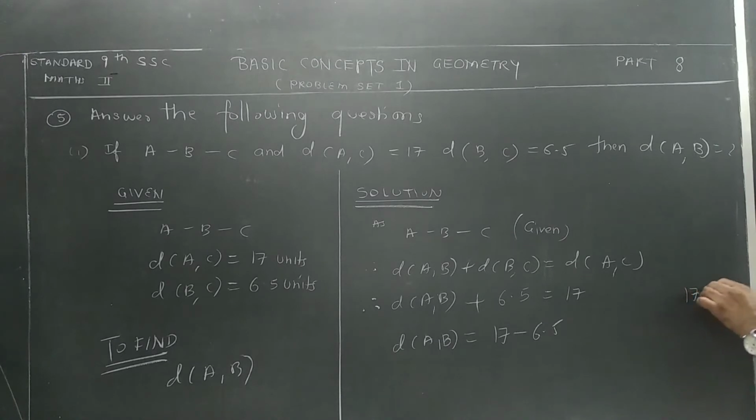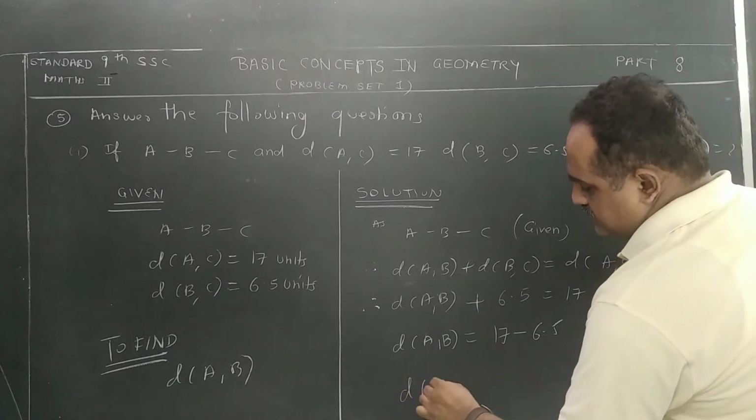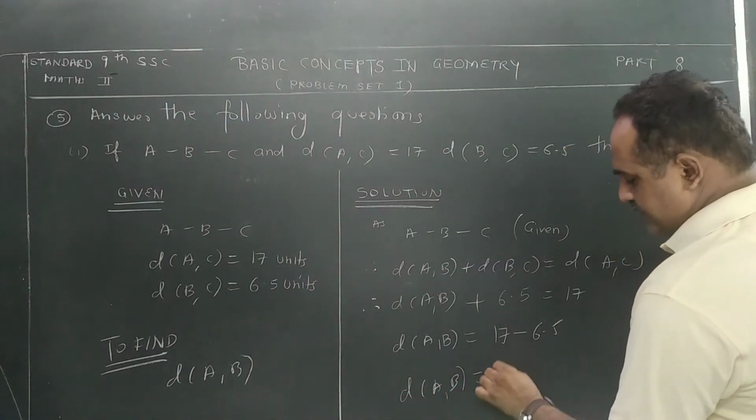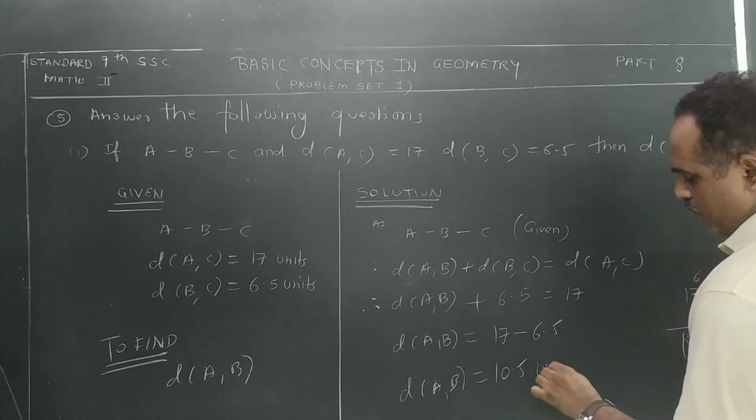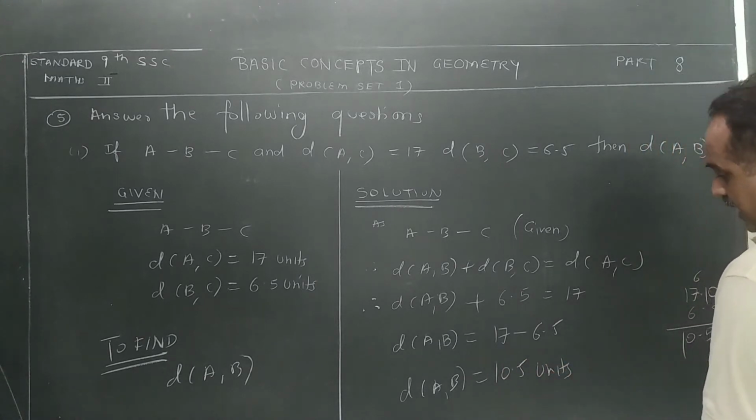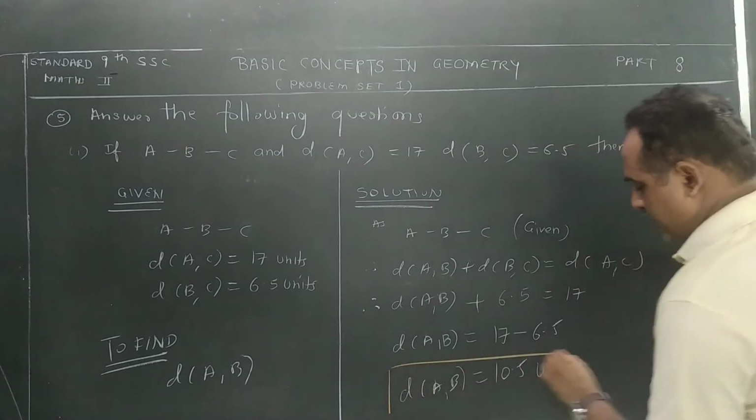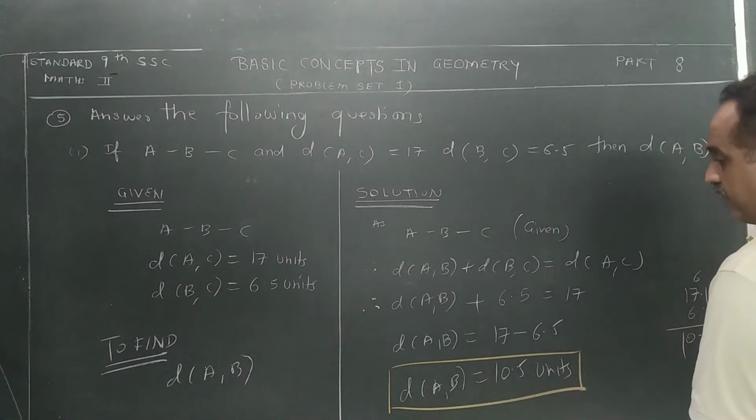While calculating, 17.0 minus 6.5 becomes 10.5. So what did you get? Distance AB is equal to 10.5 units, and put this value in a box. Here is your final answer.